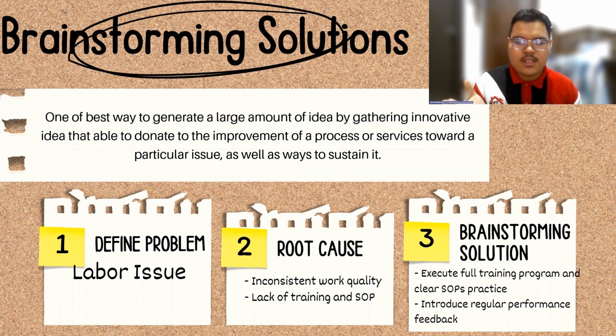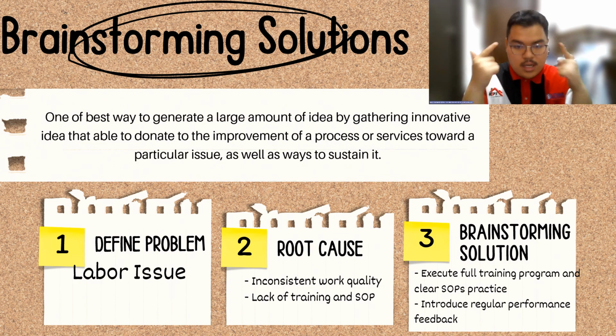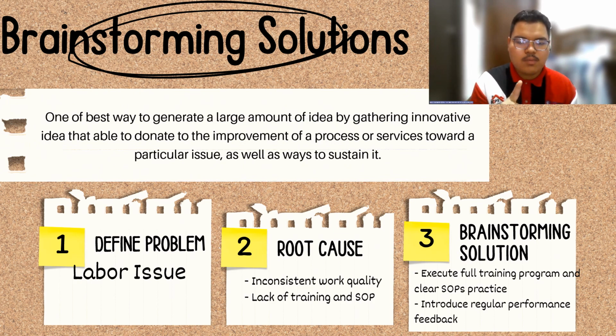From previous phases, we found the possible root causes of this problem. From that, we can generate creative and innovative ideas to solve this problem, any amount. And then we filter it down, as we spoke before, to find out the best solution to apply to this project.